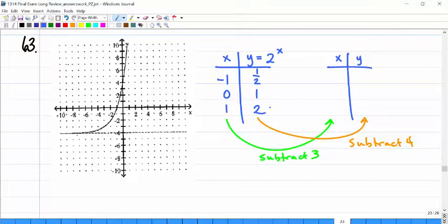Now I look at my graph and I have located these 3 points here: -2, -2, and -3, -3, and -4 down here.